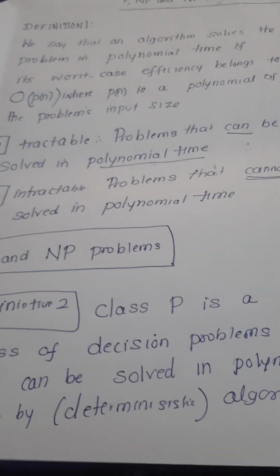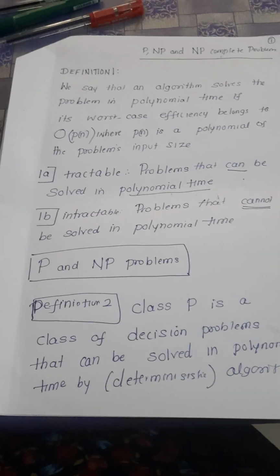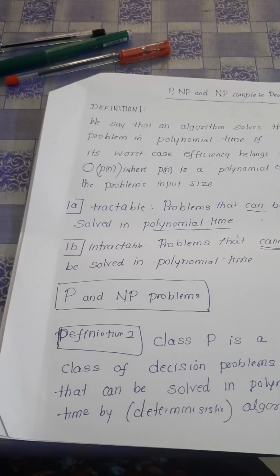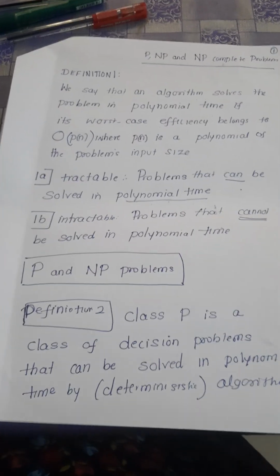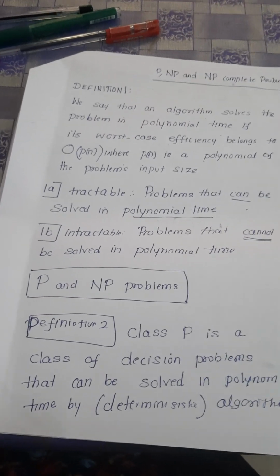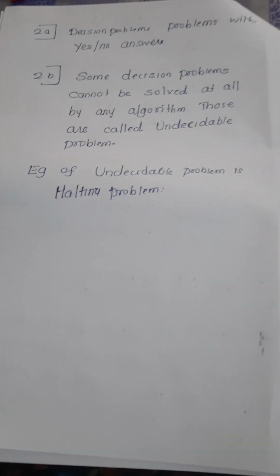What we usually say is that class P means polynomial time algorithm, but you have to be very specific that the problem can be solved in polynomial time by a deterministic algorithm. Don't forget to use the word deterministic. We will come to what a deterministic algorithm is.